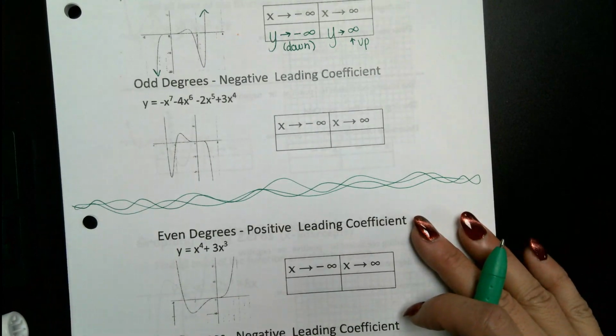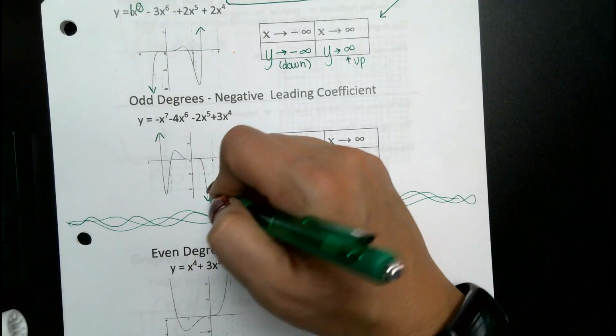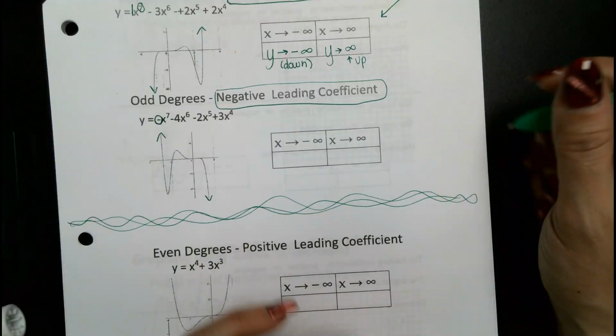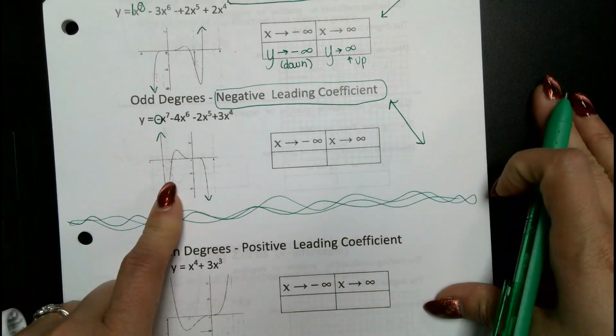Now if you look at the one underneath it, these are odd degrees, so one should be going up, one should be going down. But look at the leading coefficient this time. Leading coefficient is negative. Doesn't a negative linear equation typically do this? It starts higher and ends lower.